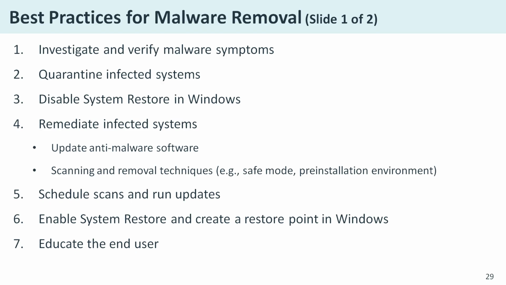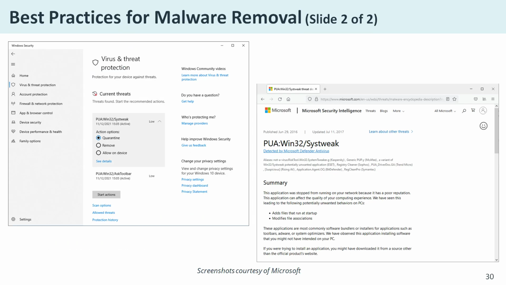You create system restore so that when your OS gets a malware again, you can restore it back, and it will take out the malware. Then of course you must educate your users on all these things. All these things are very important.